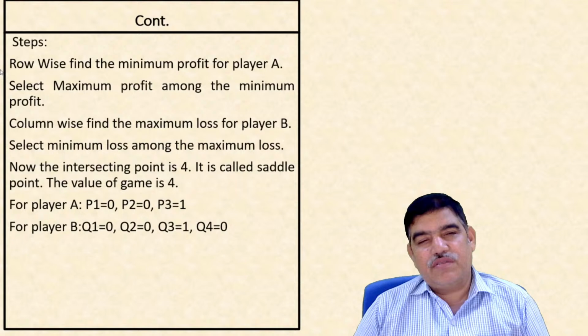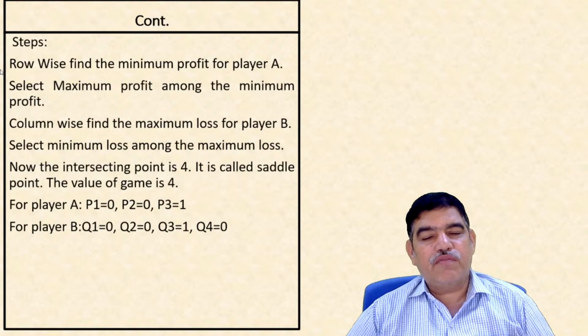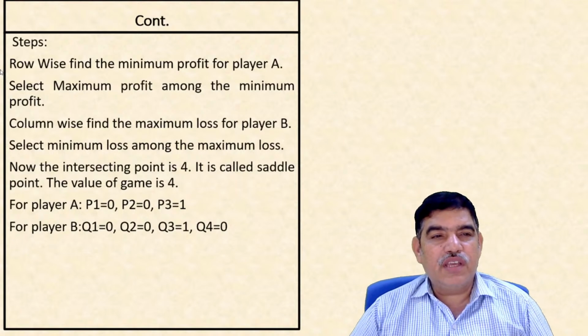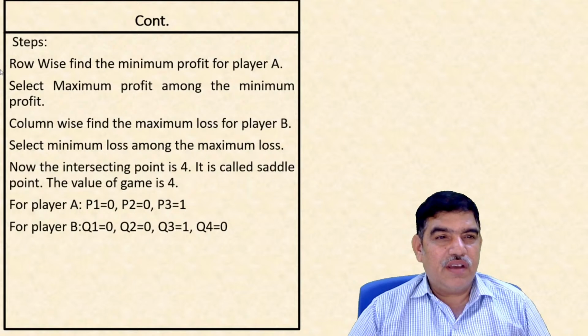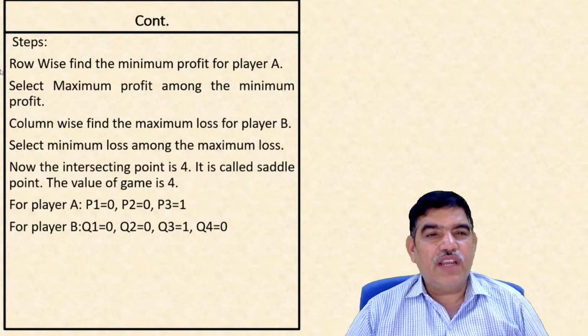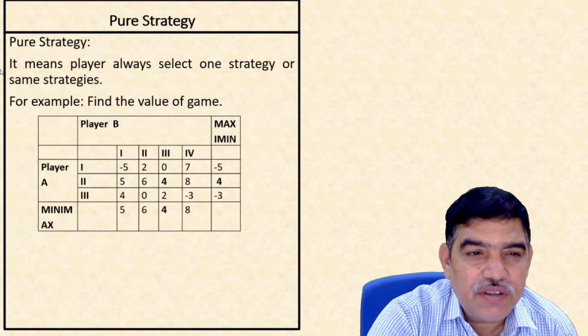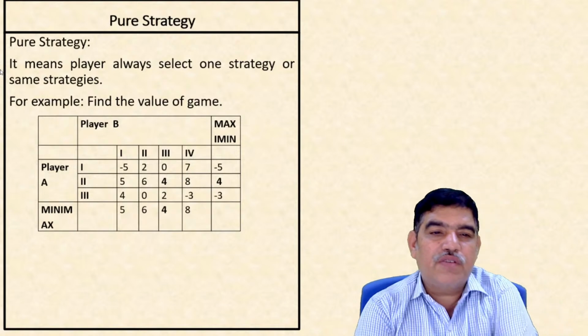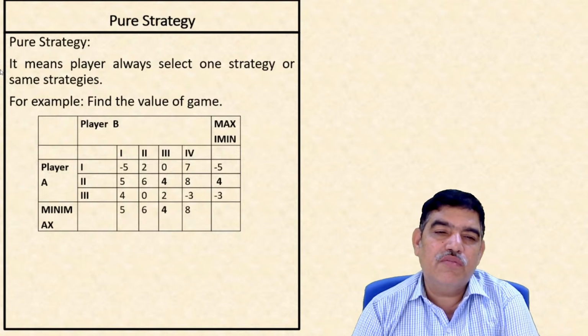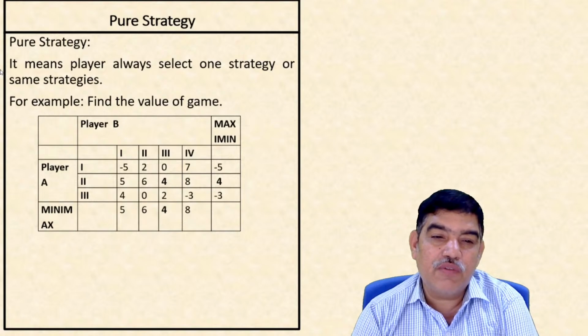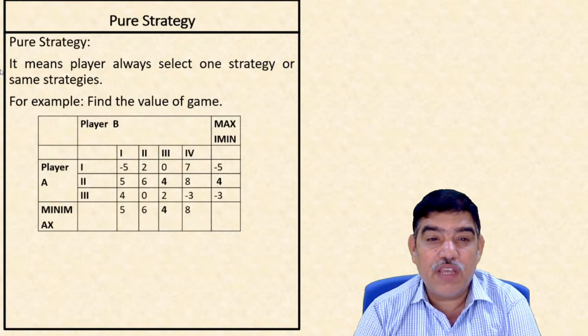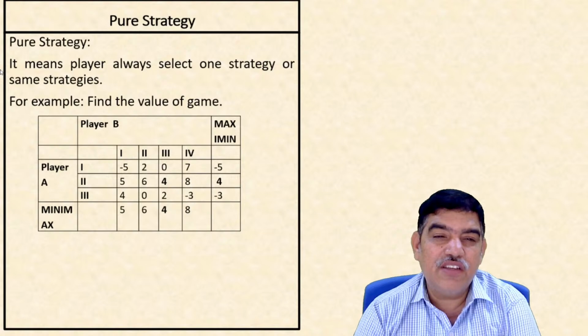The various steps to find the value of the game, or to solve the game problem, are: number 1, row wise find the minimum profit for player A. So we have to calculate the row wise minimum profit. What is the minimum in the first row? -5, not 0, because -5 is definitely less than 0.